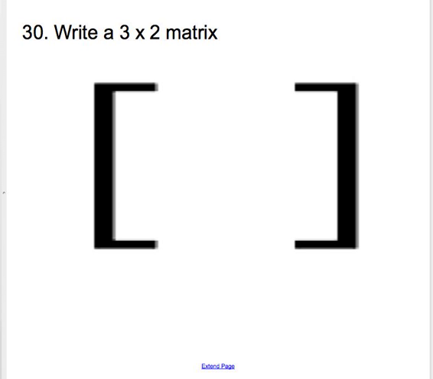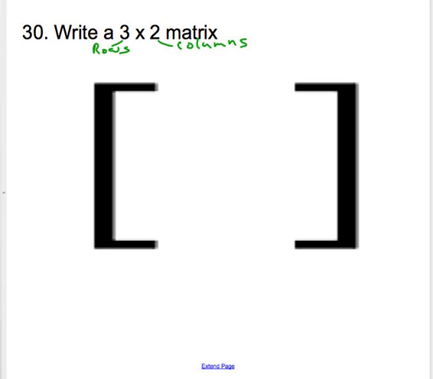Going back to that first problem, when we have dimensions, the first one is the rows, 3 rows. The second one is the columns. So since we have 2 different types of prices, that's going to be our columns, weekday, weekend.